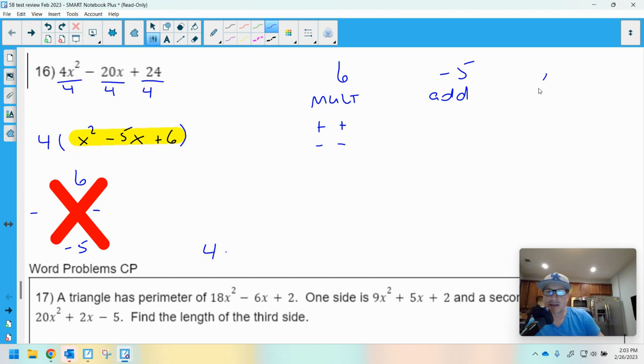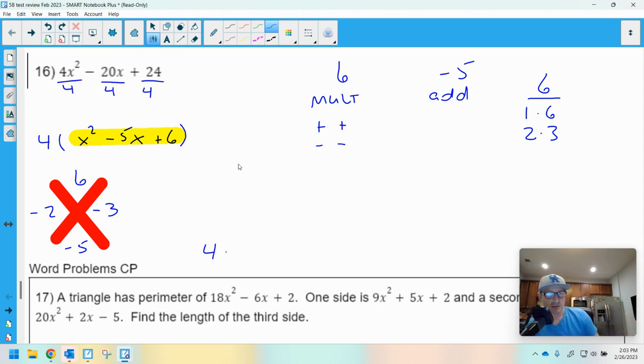So let's see the factors of 6. 1 and 6. Do they add to 5? No. 2 and 3. Do they add to 5? They sure do. And both signs we know are negative, 2 and 3. It's very easy to think it's 1 and 6, and that's actually what I made an error with earlier.